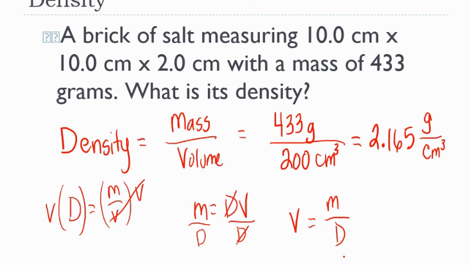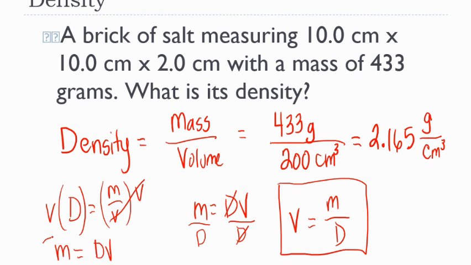See how to rearrange that equation? So now we have a formula for solving volume. We have a formula for solving mass. And we have a formula for solving density.